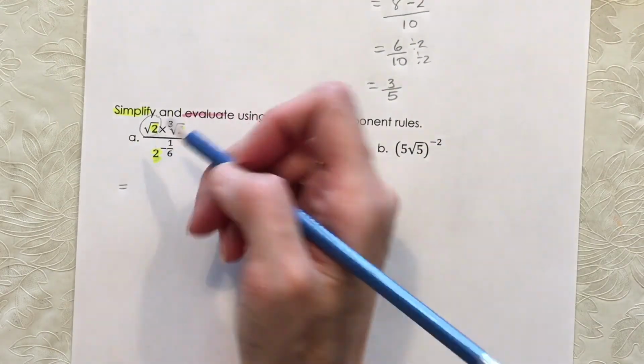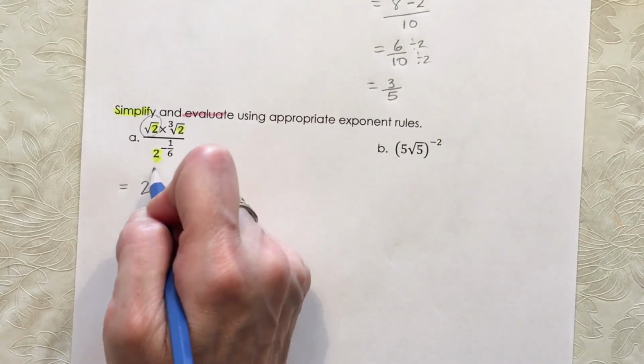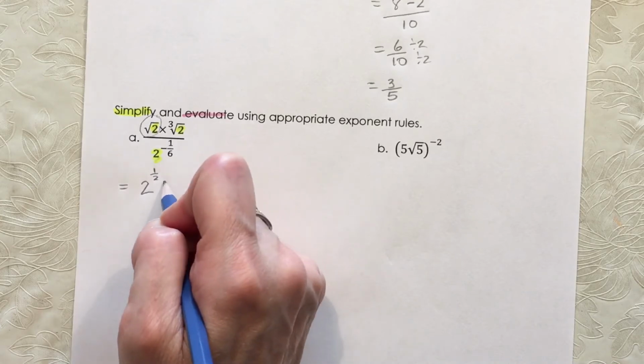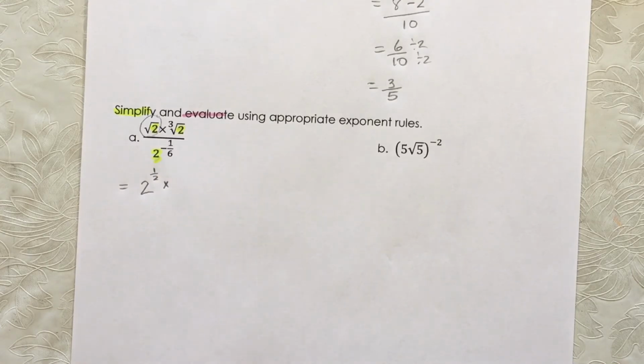So we can rewrite root 2 as 2 to the power of 1/2. And you'll see why we're doing that in a minute.